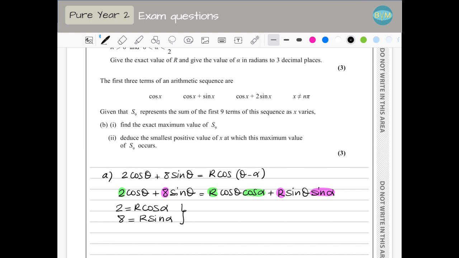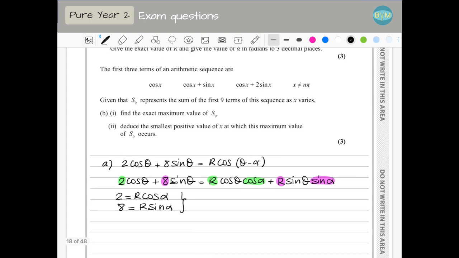And now to find alpha, I can divide this one by this one. So I have tan alpha on this side and the r cancel, and 8 divided by 2. I'm dividing the second equation by the first. So r sin alpha divided by r cos alpha is 8 divided by 2, which means tan alpha is 4.